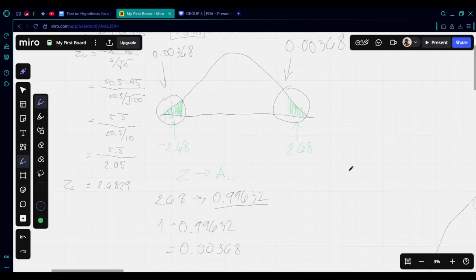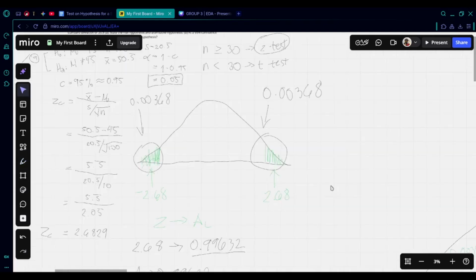So you might be confused, why did we not solve anything here. This is irrelevant, but if you want to know the value of this, we will subtract the value that we get, 0.00368, from 0.99632.